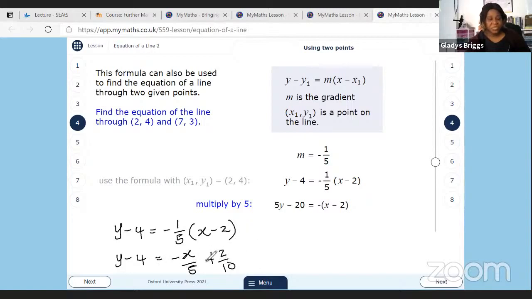Yeah, you can do it this way. They've done it multiply. Let's see their way. Yeah, so you would end up with minus x plus 2.